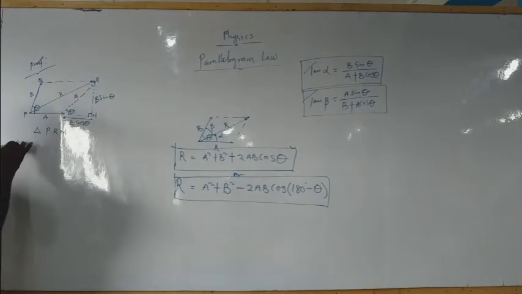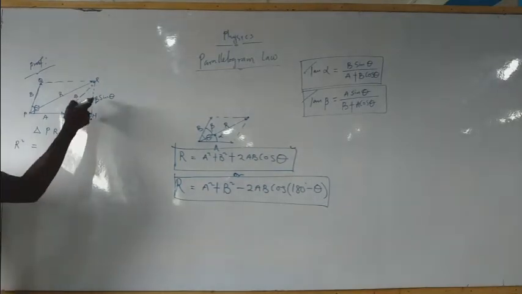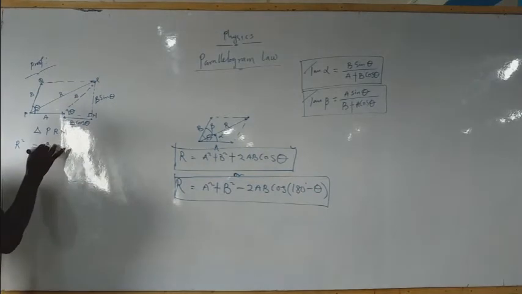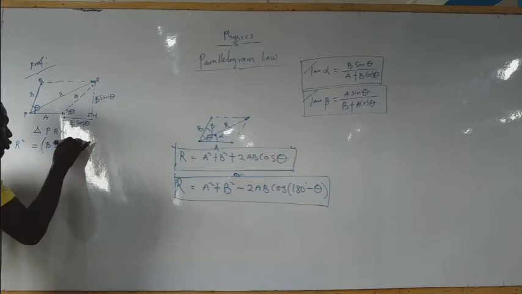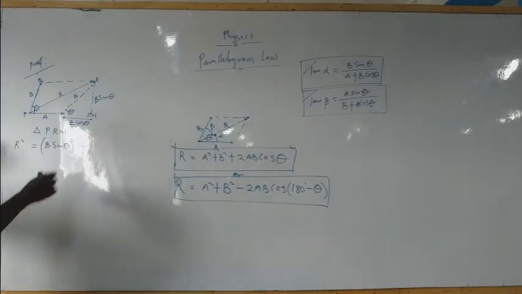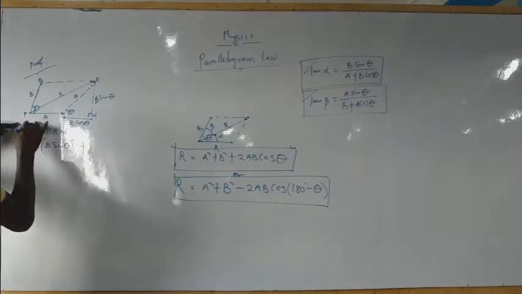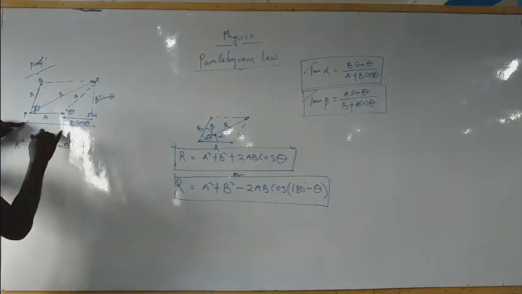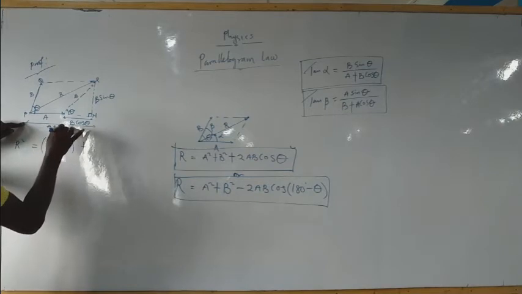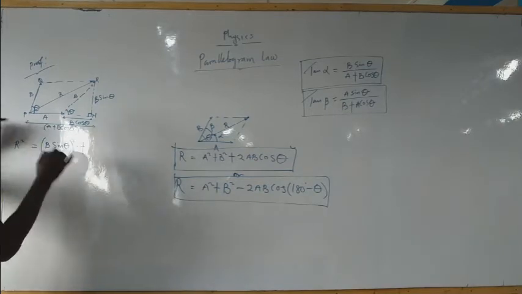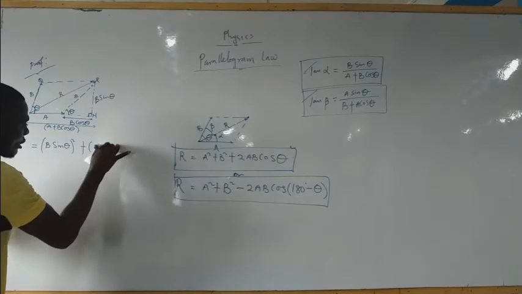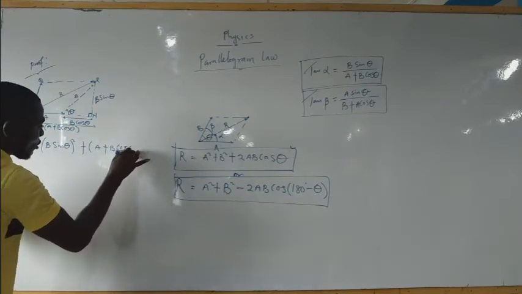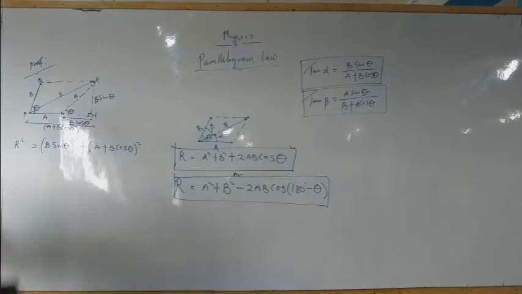That is R squared equals B sine theta all squared plus what you have there, the distance from here to here, that will be A plus B cos theta, all raised to the power of 2.